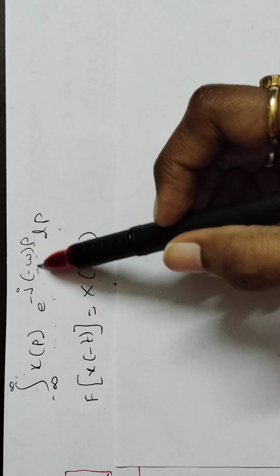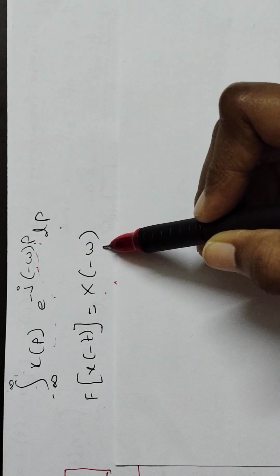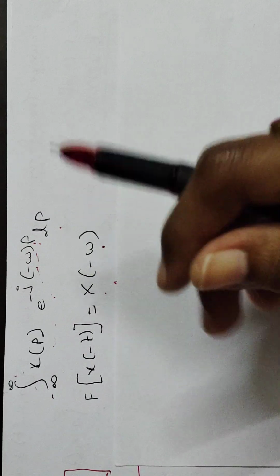So in place of ω, what is the value? −ω. So this is nothing but X(−ω). So this is the time reversal property.